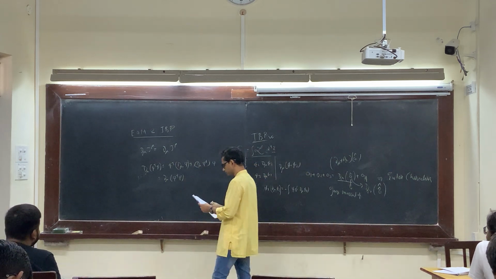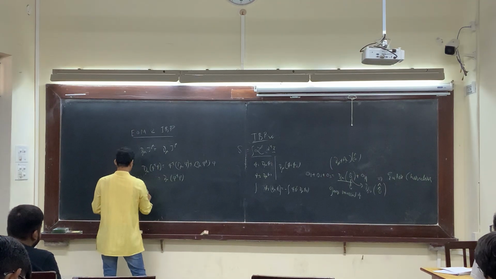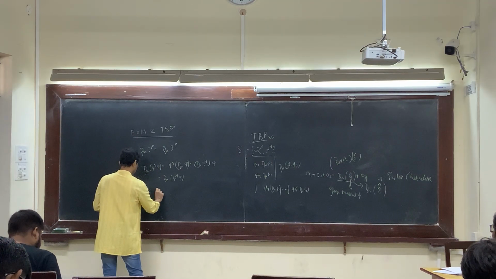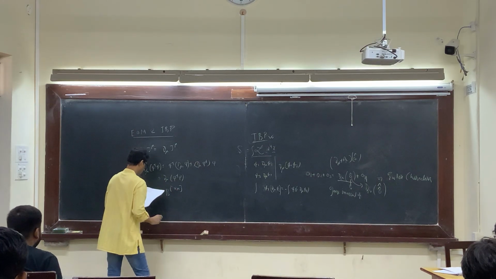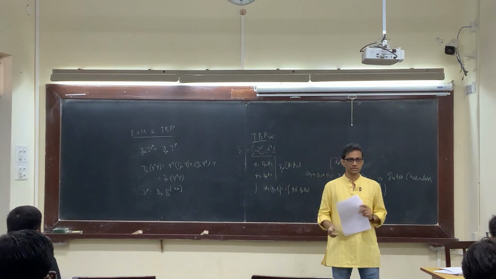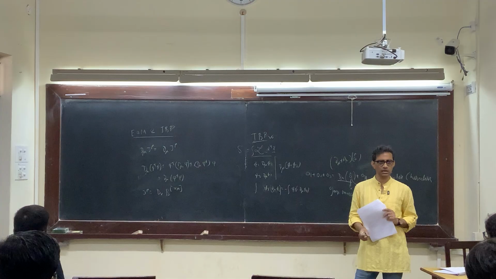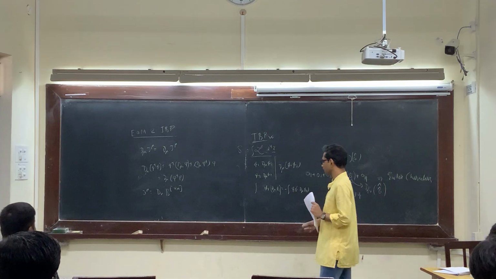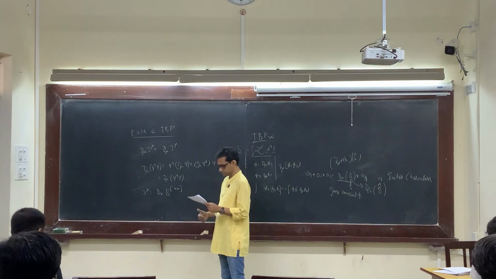So now, let's say, what is this? The third bracket tells you that they are antisymmetric indices. So these are basically three tensors, antisymmetric in indices.